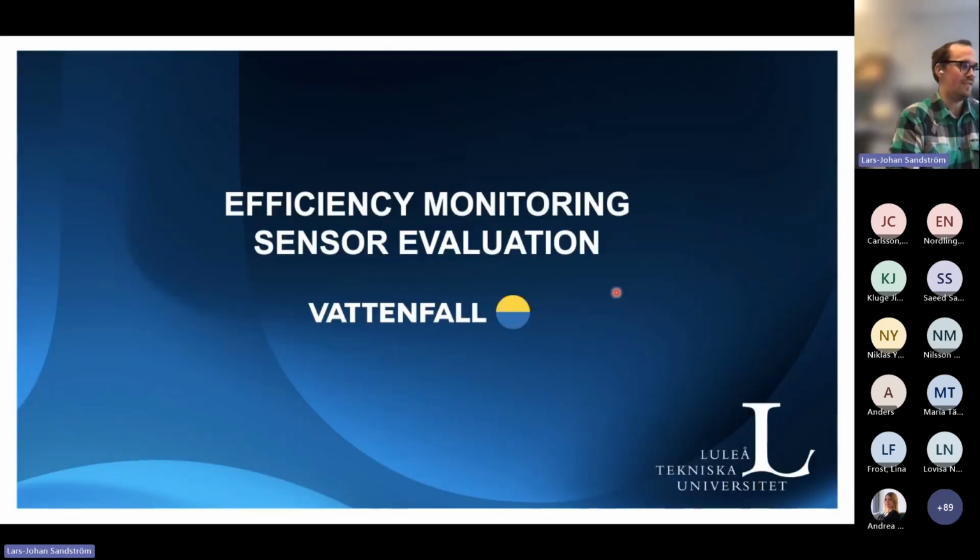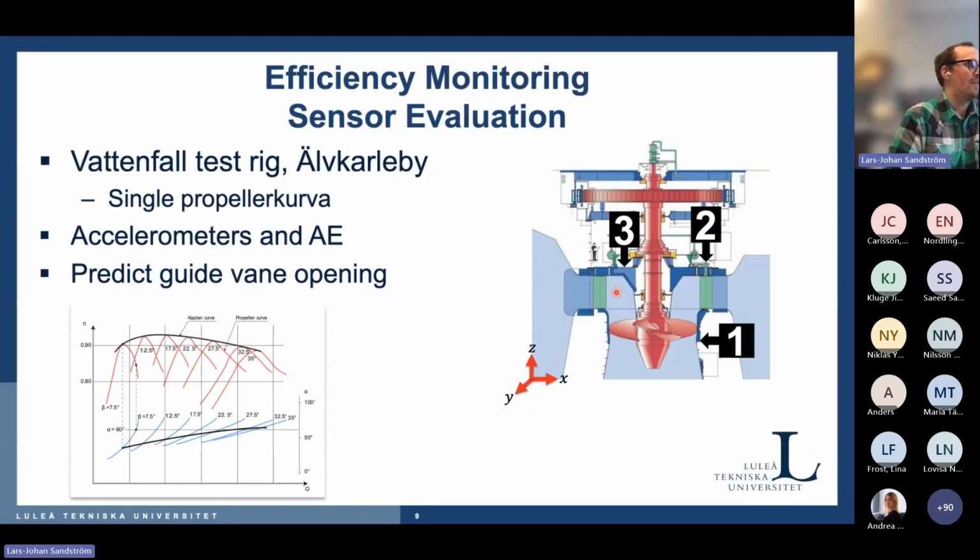So in the first case, we have looked at some sensors that we equipped on Vattenfall's test rig in Älvkarleby. Here we have only looked at a single propeller curve, so one fixed angle of the runner blades and varying angles on the guide vanes.